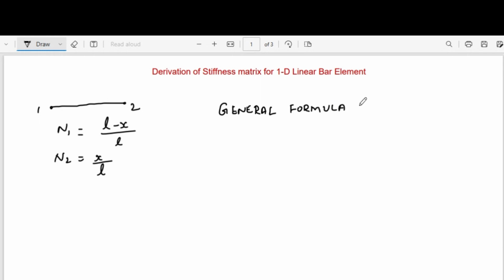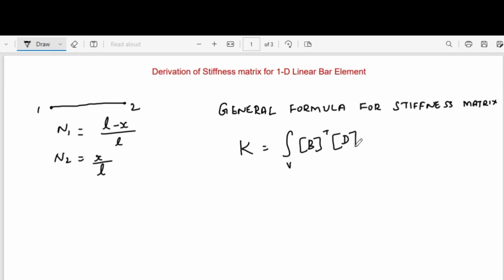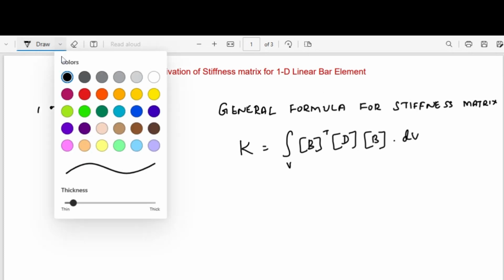The stiffness matrix is represented by K. So K is equal to the integral over the volume of B transpose D B dV. So this is the general form of writing a stiffness matrix.